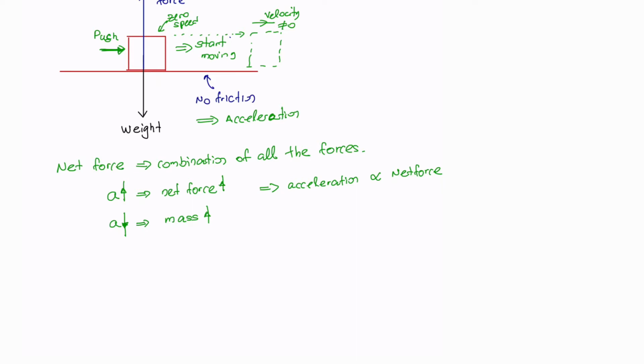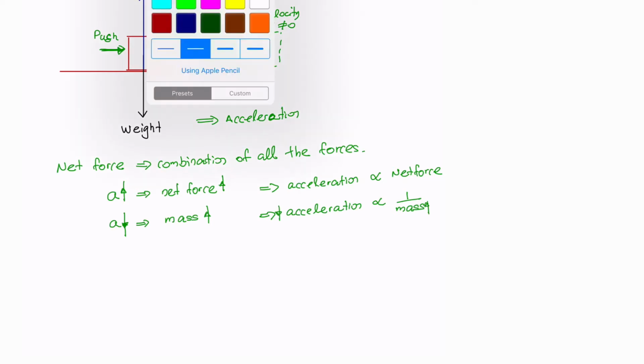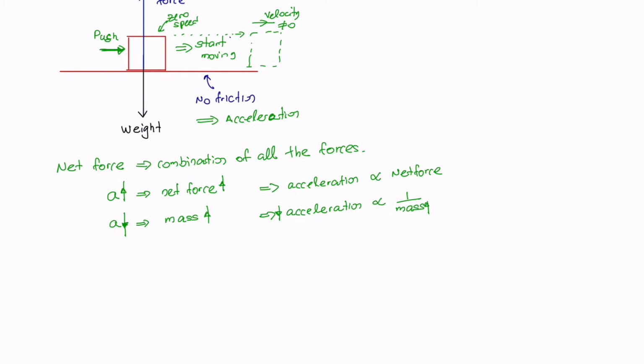Therefore, Newton decided that acceleration is inversely proportional to the mass. So let me write this down. Acceleration is inversely proportional to the mass. This inverse proportionality is 1 divided by mass. That means if you increase the mass, acceleration is actually decreasing. Double the mass, acceleration became half.